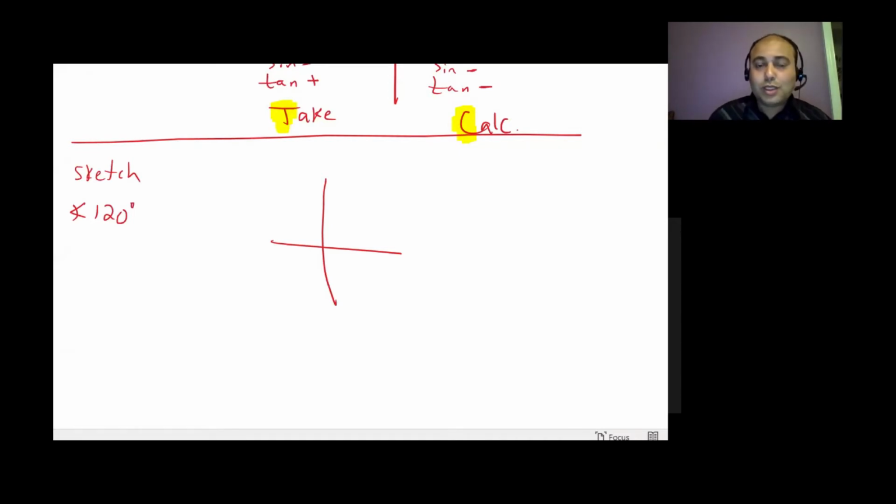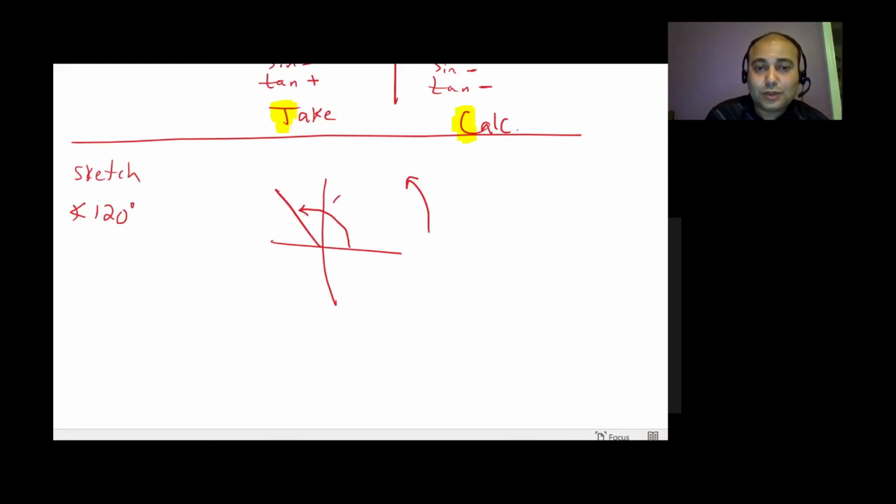Quadrant 2. So remember, because it is a positive angle, which means we're going counterclockwise. Perfect. We go counterclockwise. So if it's 120, you're going 90 and another 30.